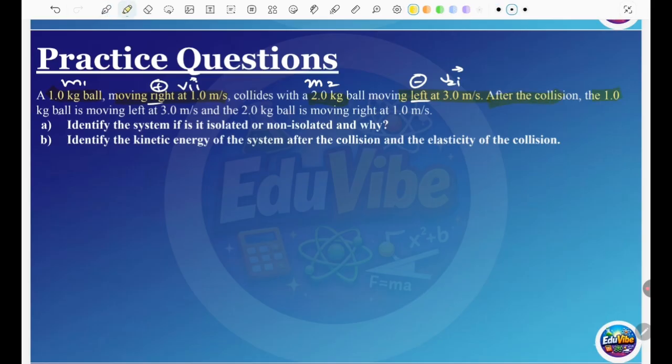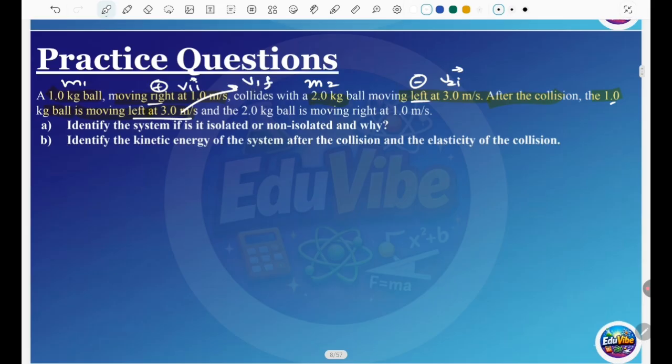After the collision, the 1.0 kg ball is moving left. So that is V1F now, which is negative. The 2.0 kg ball is moving at 1.0 meter per second now. So this is V2F.